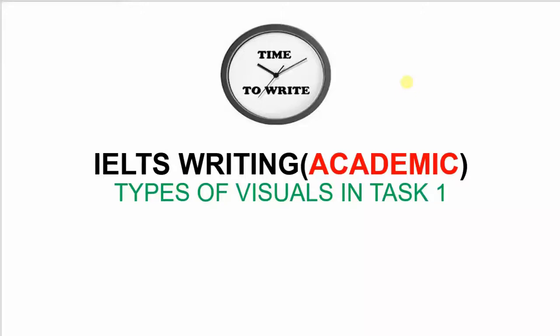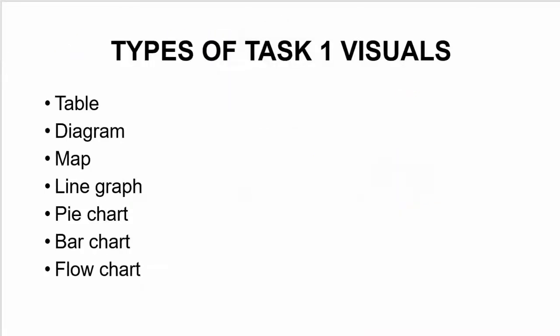So we have about 7 visuals that you can encounter in the Task 1. They are table, diagram, map, line graph, pie charts, bar charts, and flow charts.